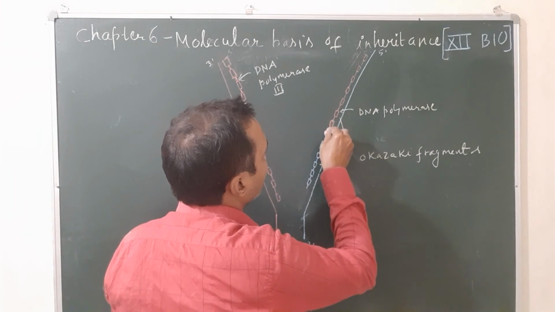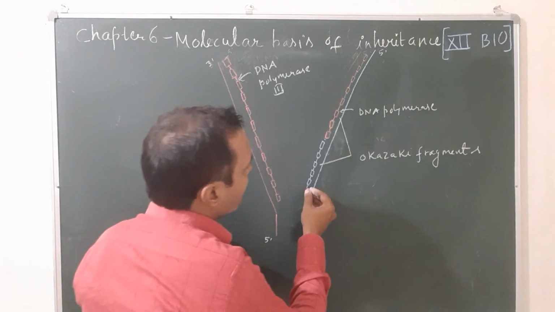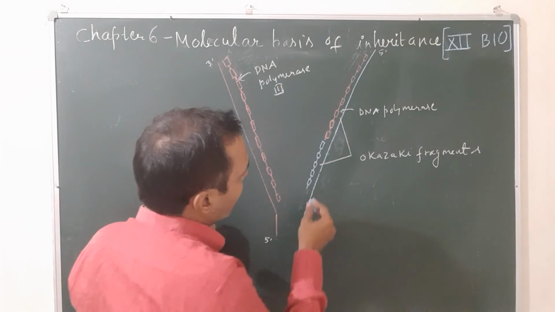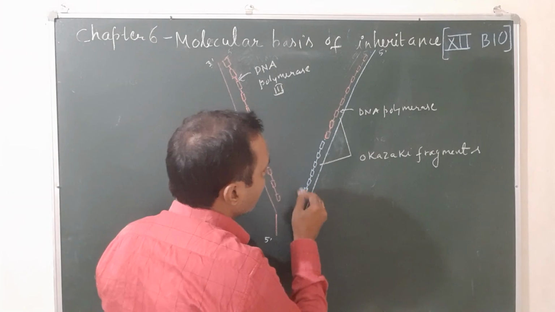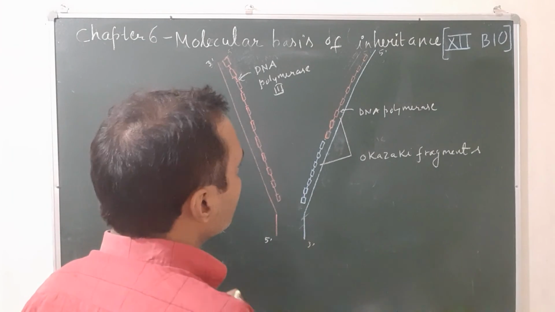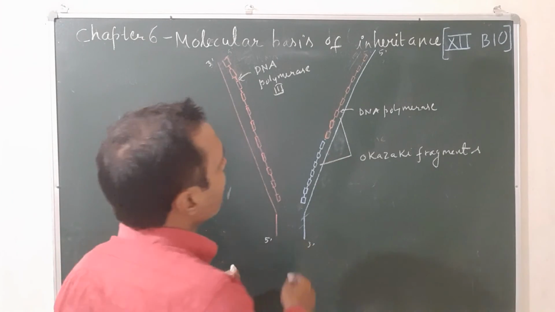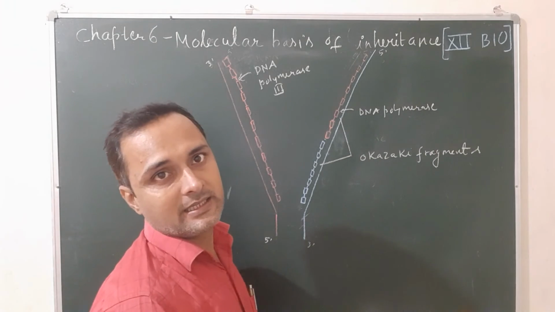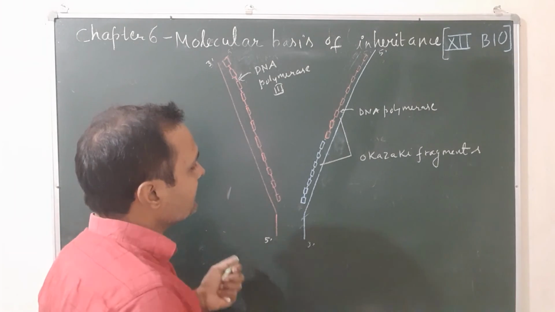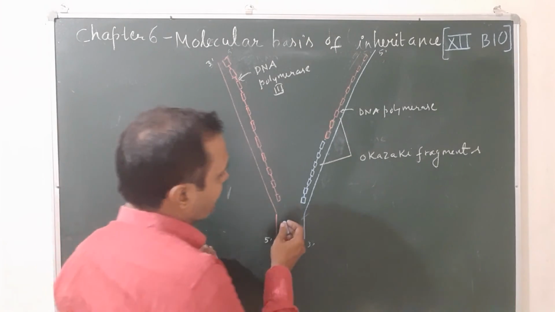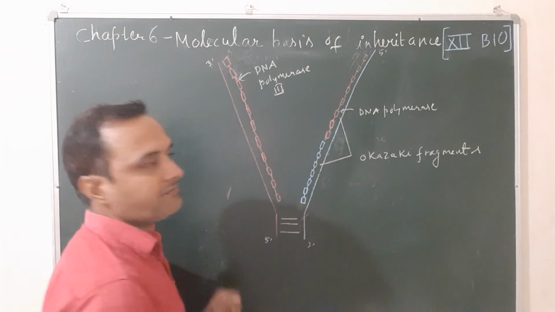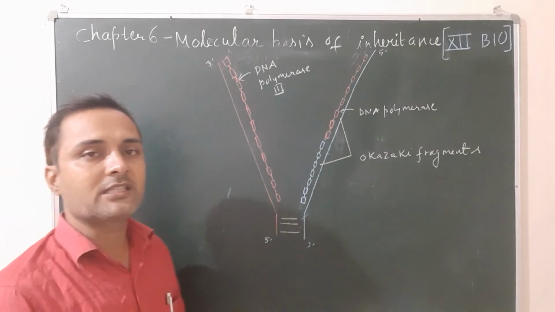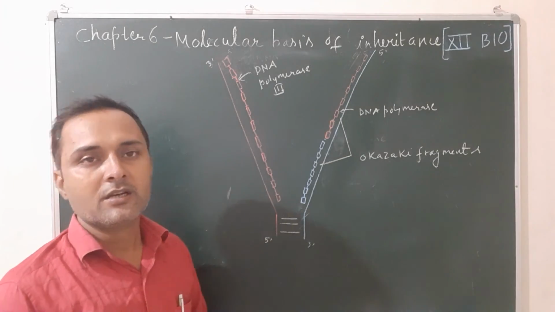Here also new nucleotides are added and primers removed by DNA polymerase I. Finally, these small segments of DNA are joined by the enzyme ligase. As a result, you can see this is the semiconservative mode of replication, where one strand is old and the other is new. So these are the various steps of DNA replication.